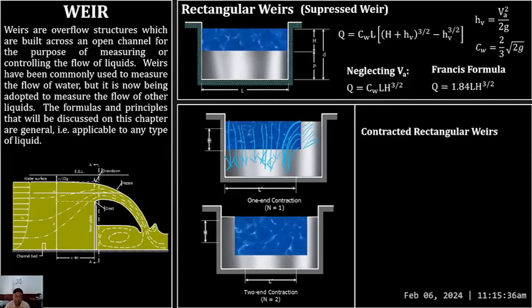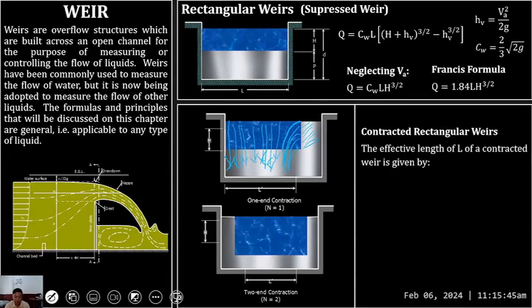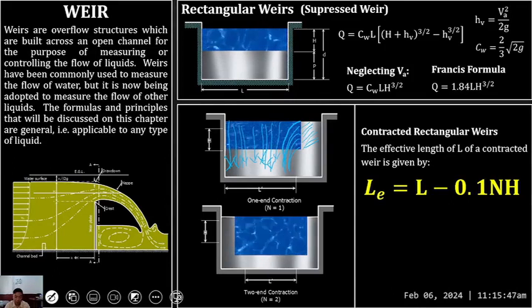So, mababago yung effective length or yung length ng tubig, kasi kapag suppressed yung length ng tubig equal siya sa length ng weir. Okay, kaya yung Q natin ganyan.